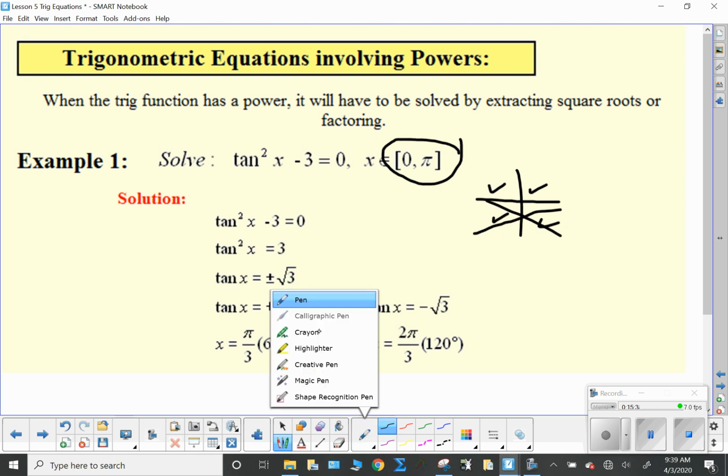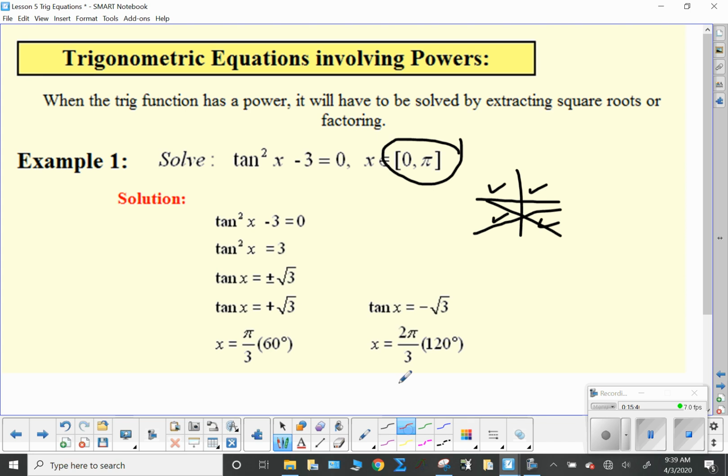So now what am I going to do? Well, tangent is equal to root 3. That's my pi over 3 family. So pi over 3 comes here. Over here, it's going to be 2 pi over 3. If I went all the way around, I would take these pi over 3 families as well. But I've got to pay attention to my restrictions here.